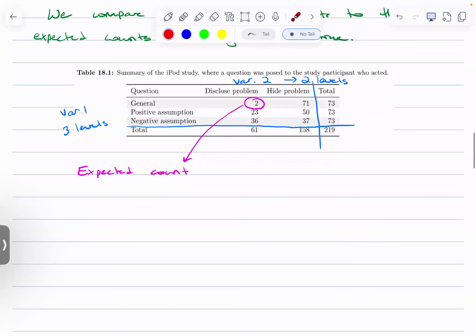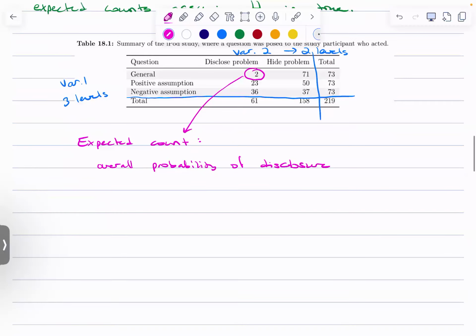And so we have the overall probability of disclosure, which is 61 out of 219, which is this guy over this guy.